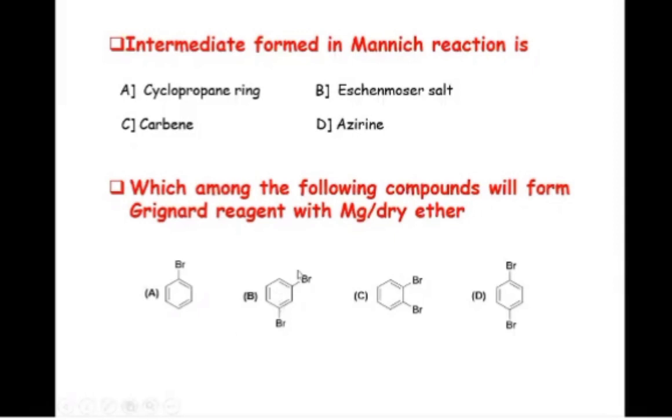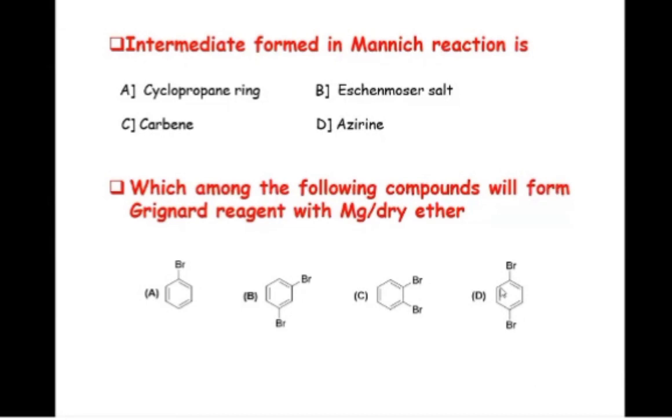Similarly, for metadibromobenzene also it gives a dianion, dianion formation in both cases. In para as well, dianion formation takes place after treating with magnesium.